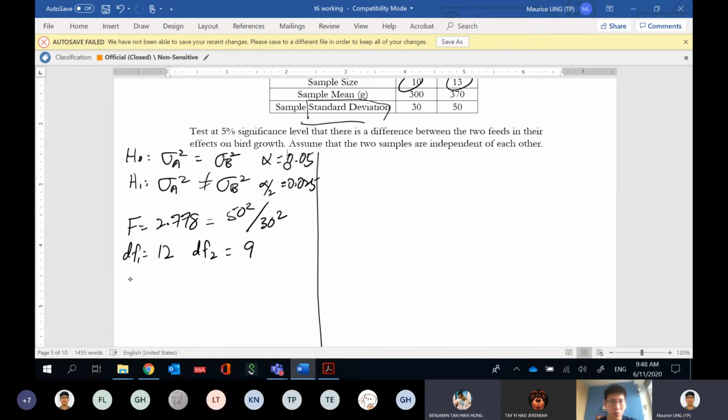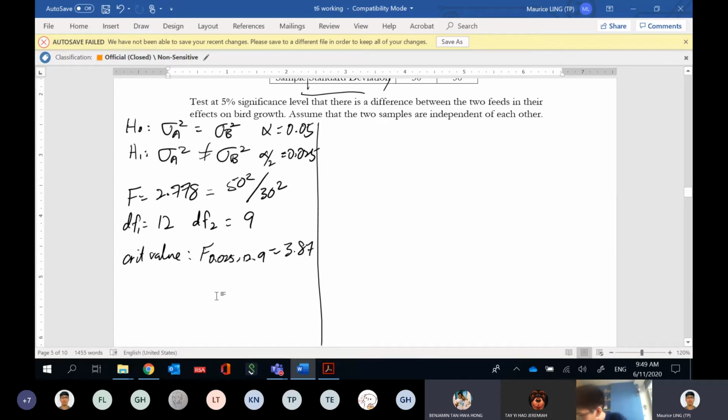Now, after that, you have your critical value. 3.87. Okay, so critical value is your F at 0.025, 12 and 9 equals 3.87. Correct. Then what is your conclusion? We fail to reject the null hypothesis.